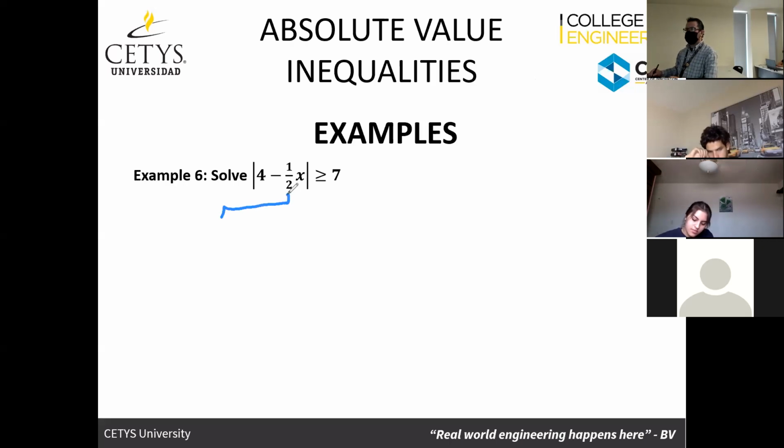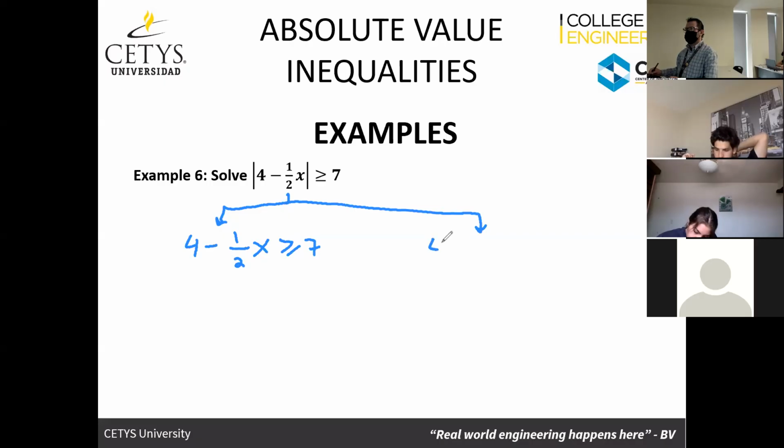What's going to happen here is that we're going to have 4 minus 1/2 of x larger than or equal to 7. And we're going to have over here 4 minus 1/2 of x less than or equal to -7. And so, because it's larger than or equal, we separate it into the extremes of the negative and the positive, and then each of these inequalities, we solve them separately.